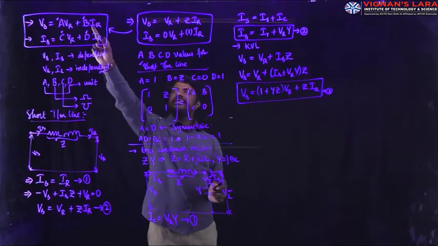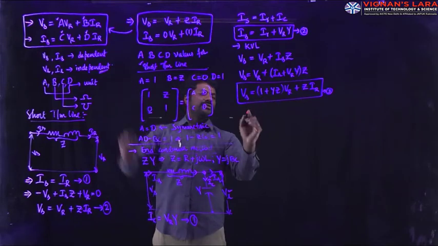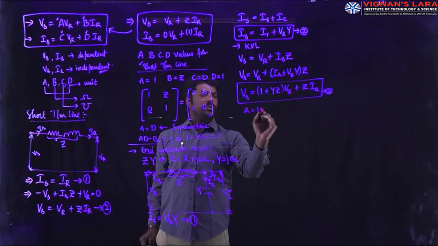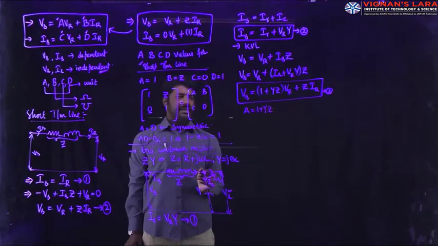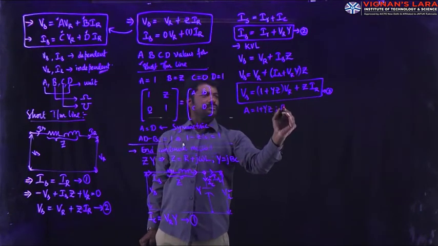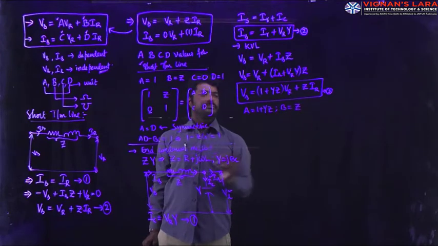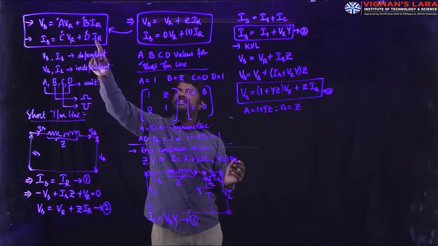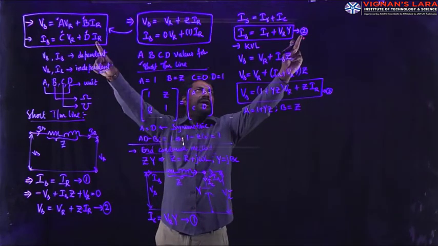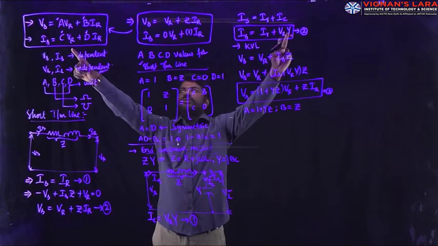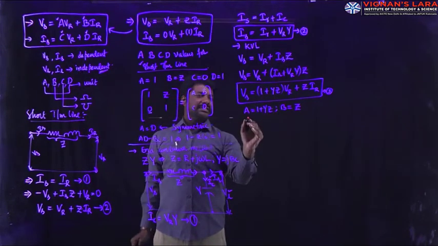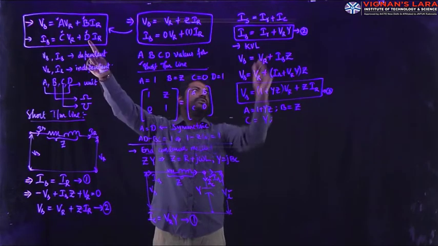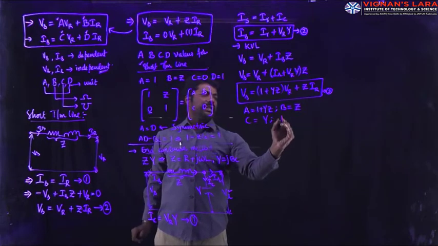From the VS equation, the A and B constants are identified as A is equal to 1 plus YZ and B is equal to Z. Coming to the comparison of the currents, the IS equation CVR plus DIR with equation 2, on comparison we get the VR coefficient as Y. Therefore, C is equal to Y, and D is equal to 1.